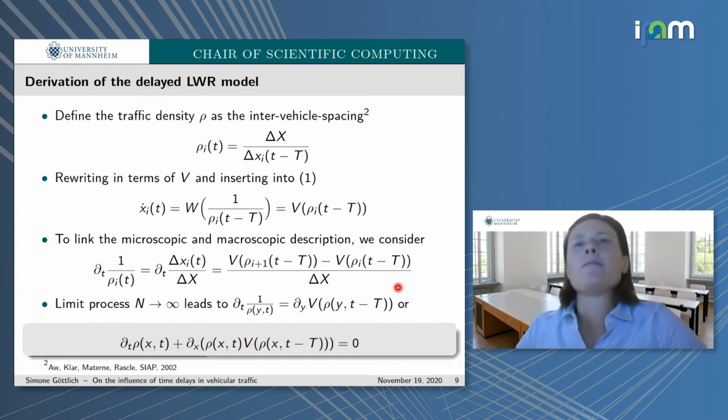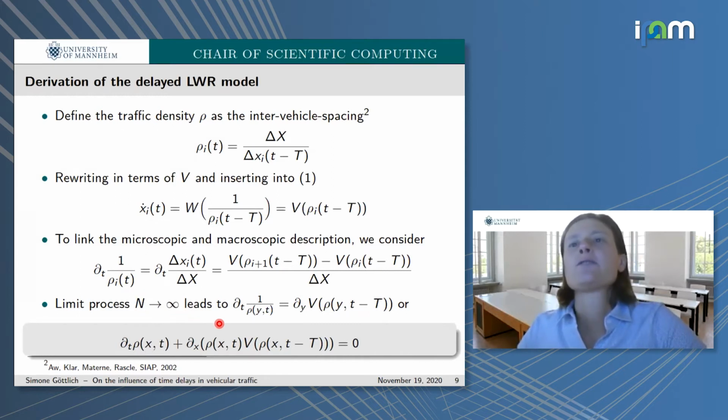Now probably you have the idea that this might be a semi-discretization of our problem, and that's definitely true. The next step is to consider the limit process for n to infinity, meaning that we assume a large number of cars.